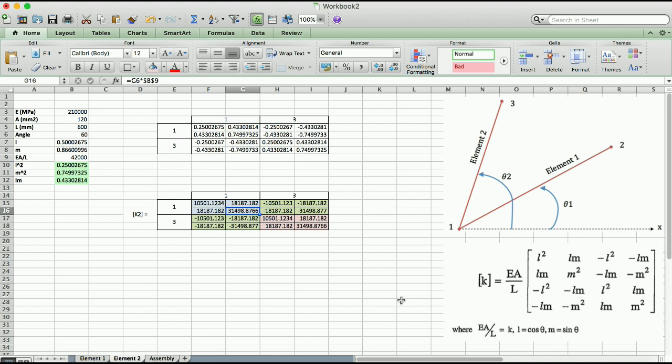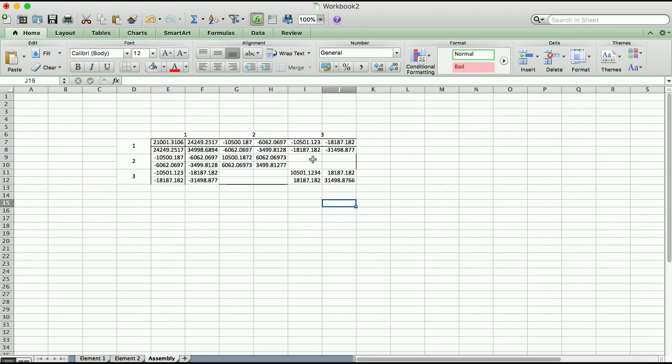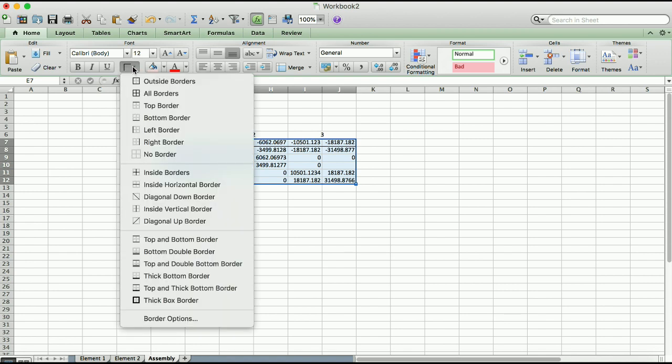Our next field is 2, 3 or 3, 2. 2, 3 or 3, 2 doesn't exist because there is no element between the points or joints 3 and 2. So we will easily substitute these fields with 0. Okay, I'll just tidy up these.